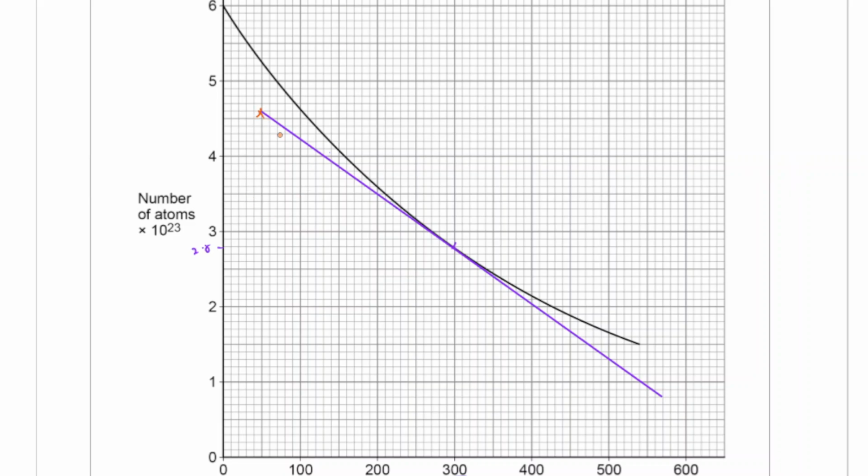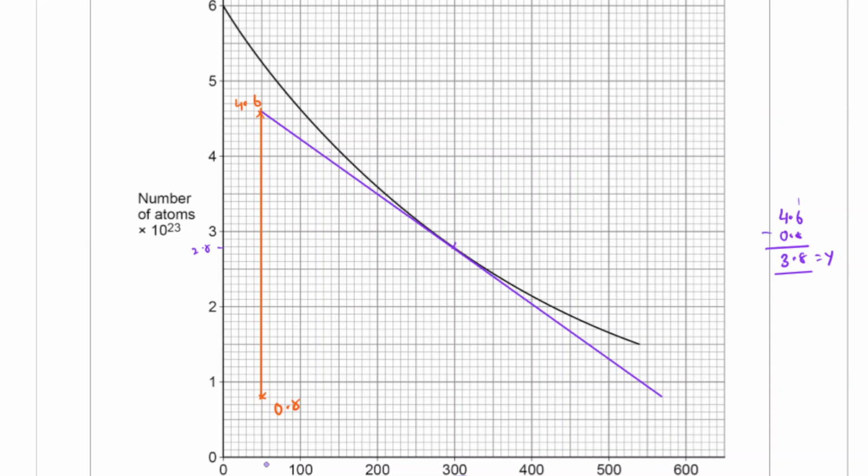Now measure from there all the way down. This is 0.8, that's 4.6. So 4.6 minus 0.8, 3.8 is equal to y.